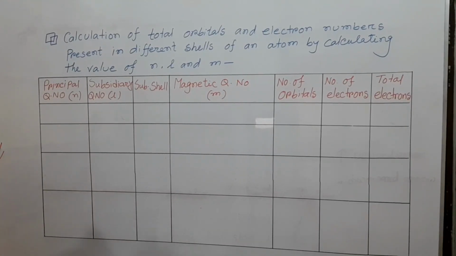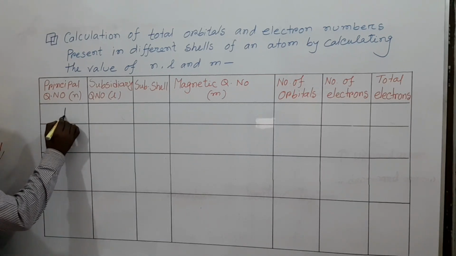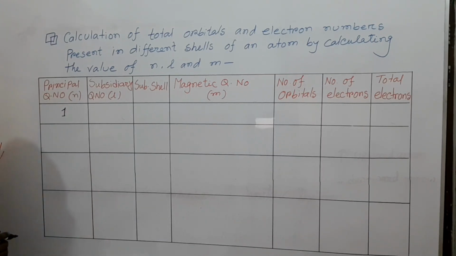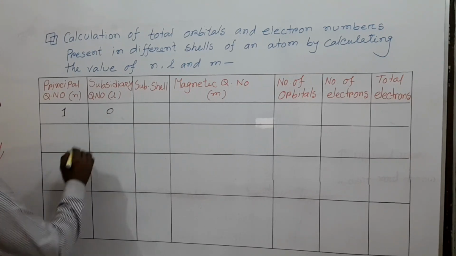Students, when n equal to 1, that means first shell, then we get the value of L equal to only 0.